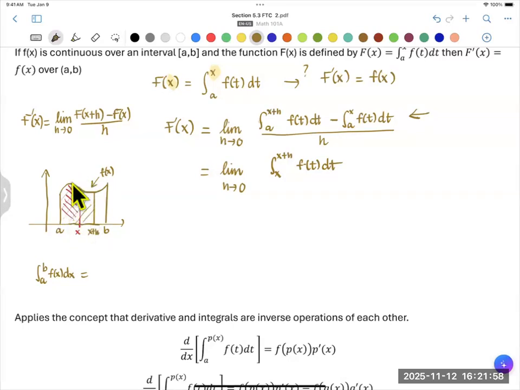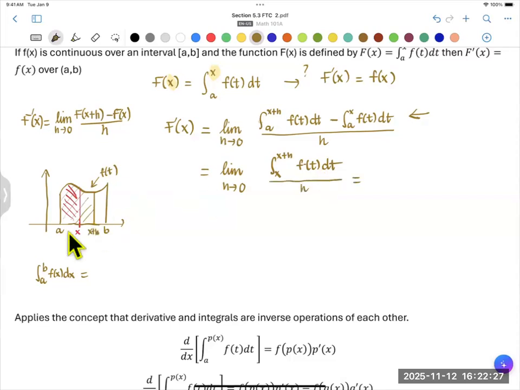When we take the big one and subtract the small one, I should get the area between them, between x and x plus h under the curve f. The x and the t here don't really matter; these are just labels, just any number. So the numerator becomes that.